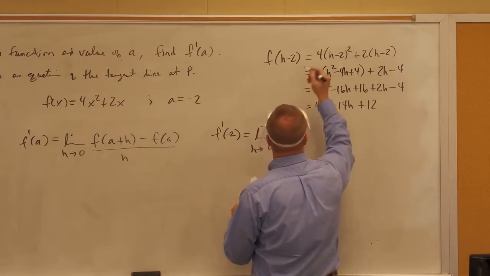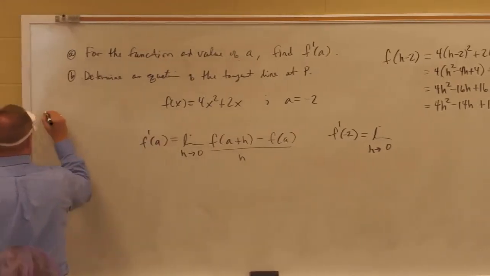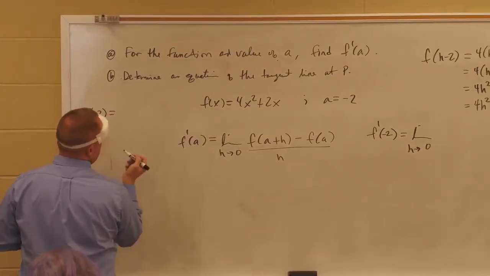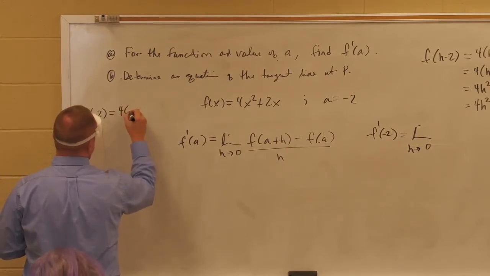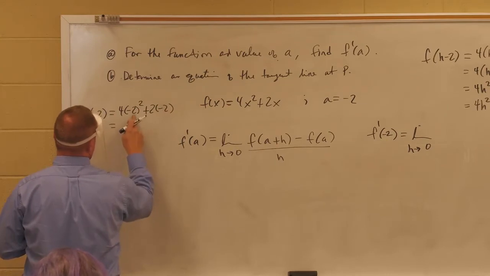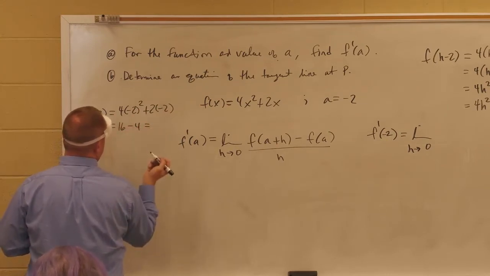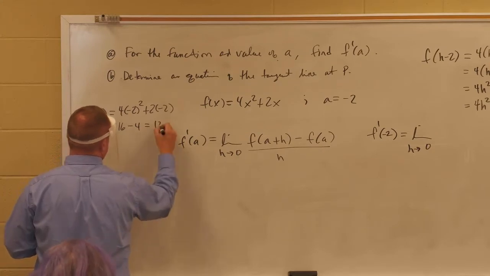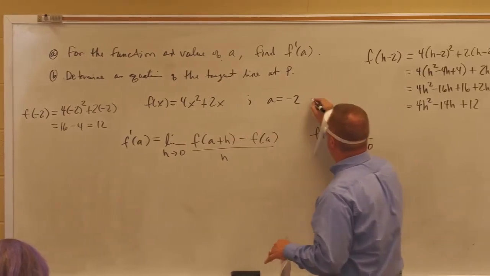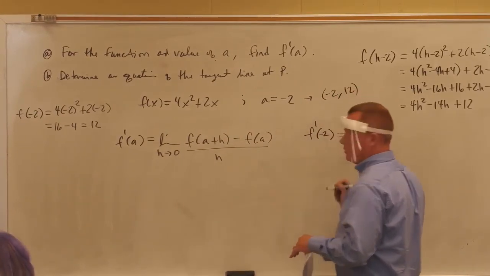I need f of a. So f of a, I'm out of room there. Let's go over here. f at negative 2. Well, just plug in negative 2 in for x. So that'll be 4 times 4, it'll be 16 minus 4, which is 12. All right, and also that means that this point here is negative 2, 12 that we're looking at, right?